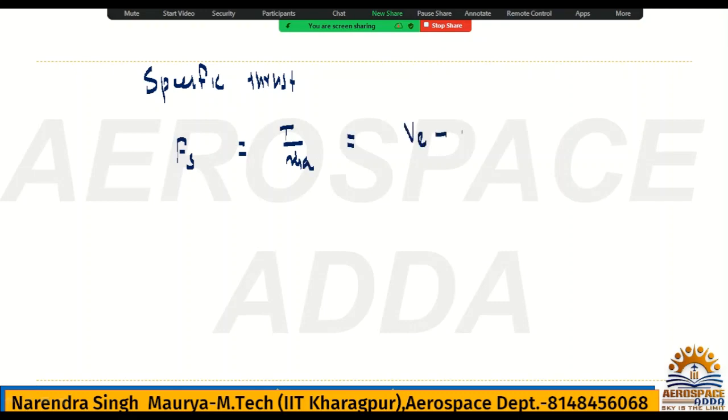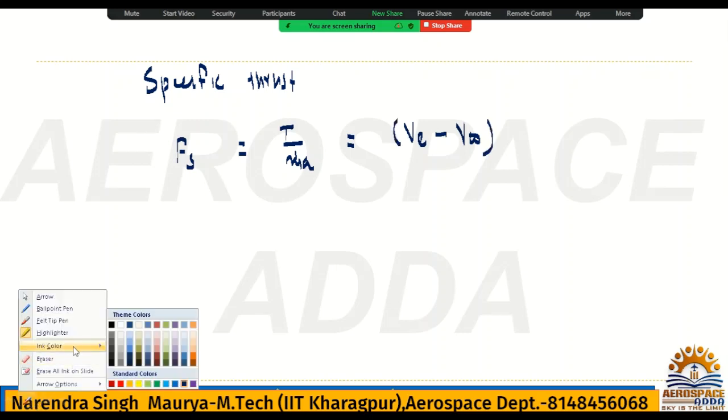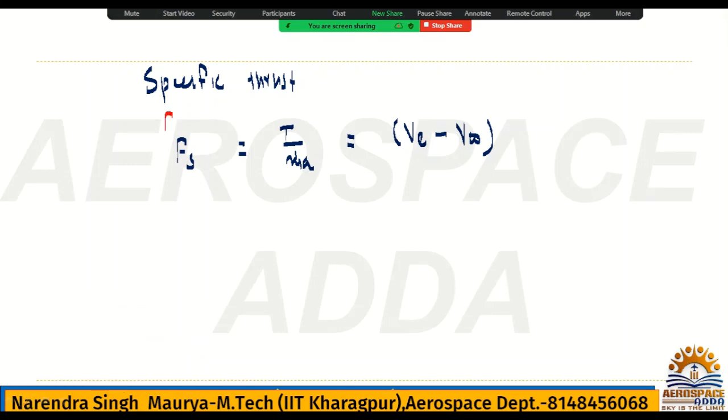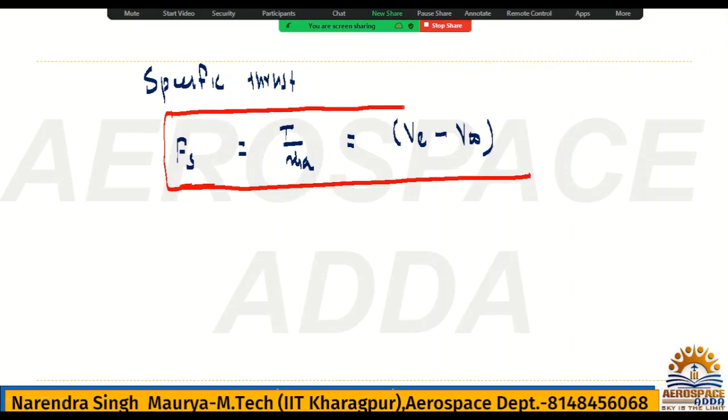It is nothing but VE minus V infinity. Right? The specific thrust, if you check, is directly proportional to the velocity difference. Done?